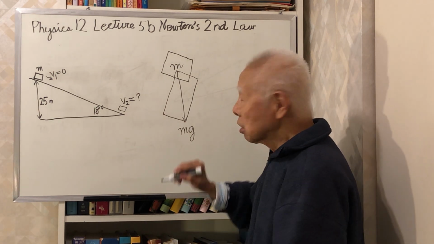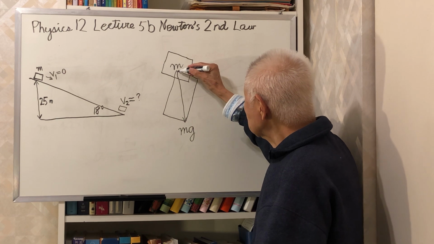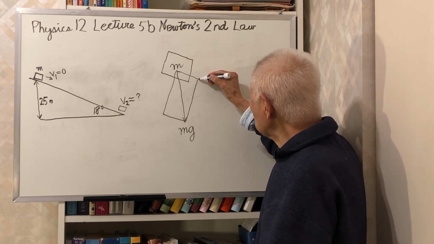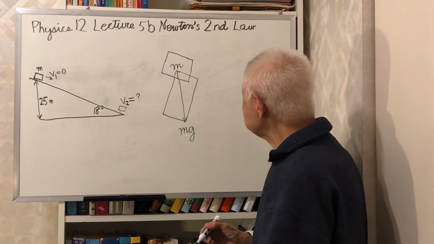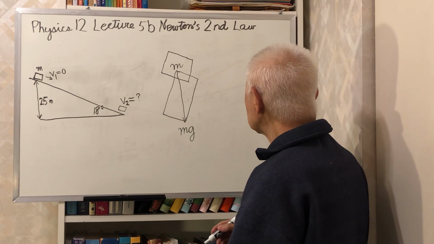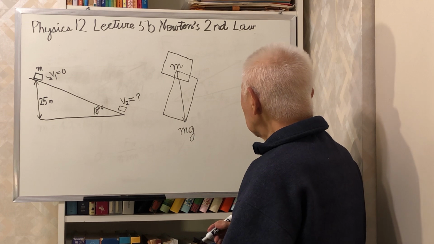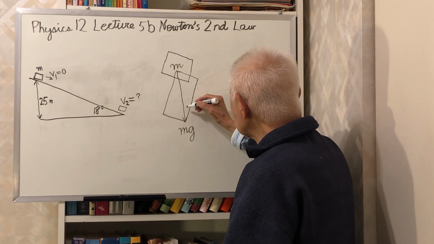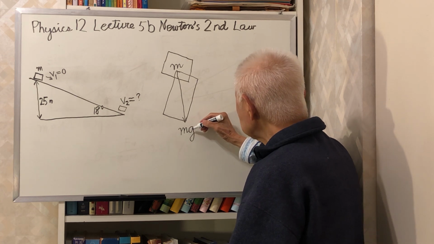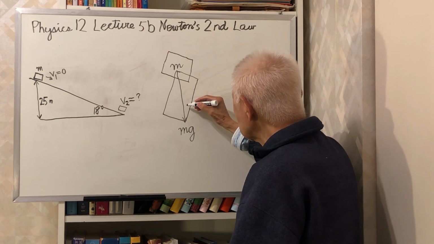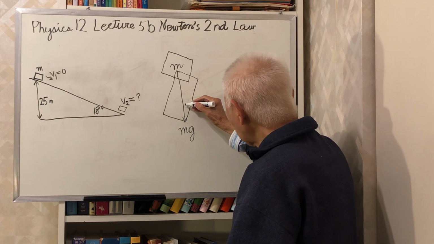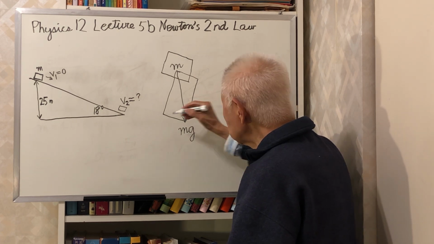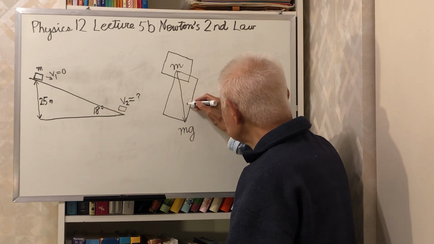So what I want is just this force, and I want to find how big this force is. This is mg. What angle is this? This angle is the same as 18 degrees.